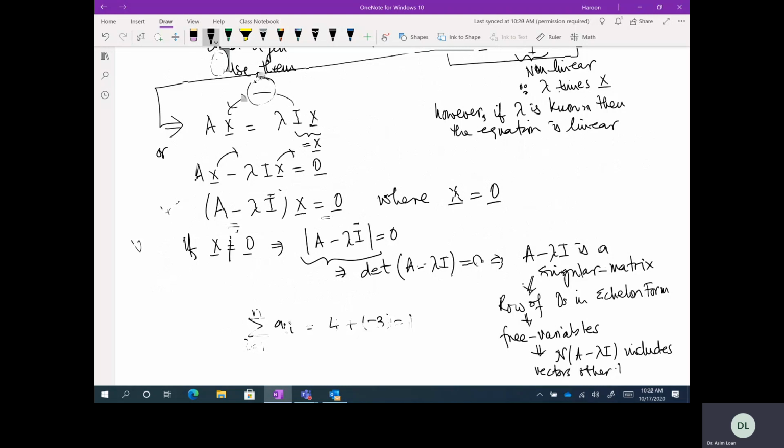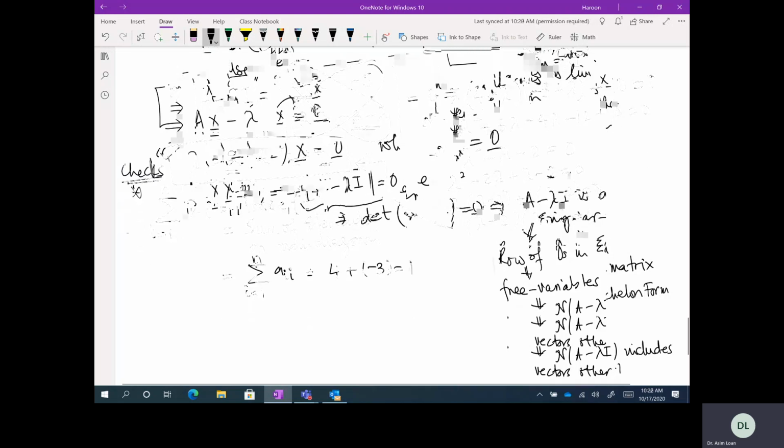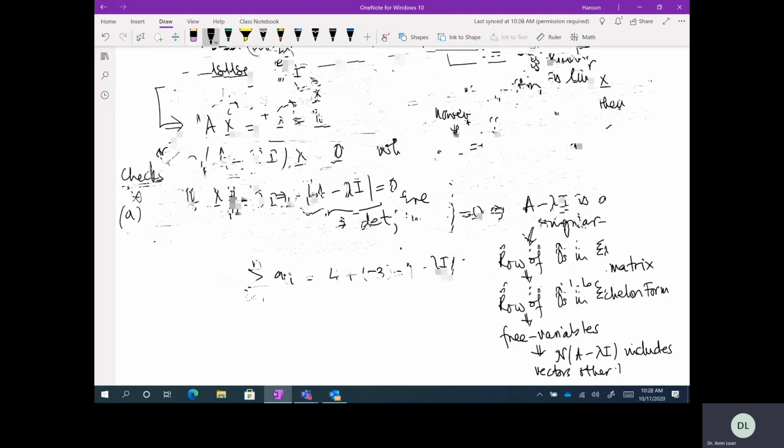And then there is another check. These are the two checks; you should always do these two checks. The first check is the sum, and the second check is the product of the eigenvalues. The product of the eigenvalues is simply the determinant of A. The product here is 2 into minus 1, so this is minus 2.